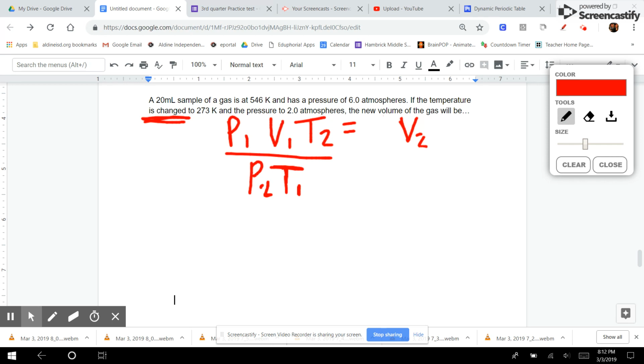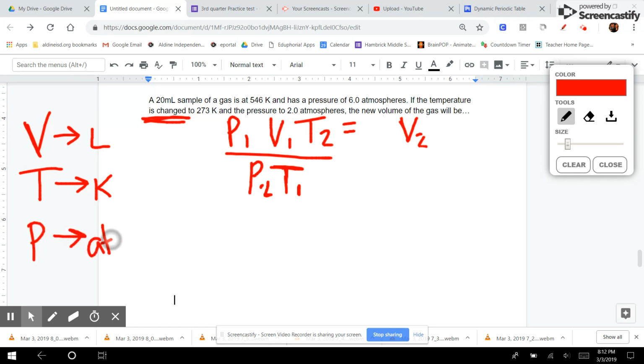Okay. Step two is to check for any conversions. Remember that volume needs to be in liters, temperature needs to be in Kelvin, and pressure needs to be in atmospheres. When I read this, it looks like I'm good, except for one thing. I was given 20 milliliters, so I have to convert that into liters.